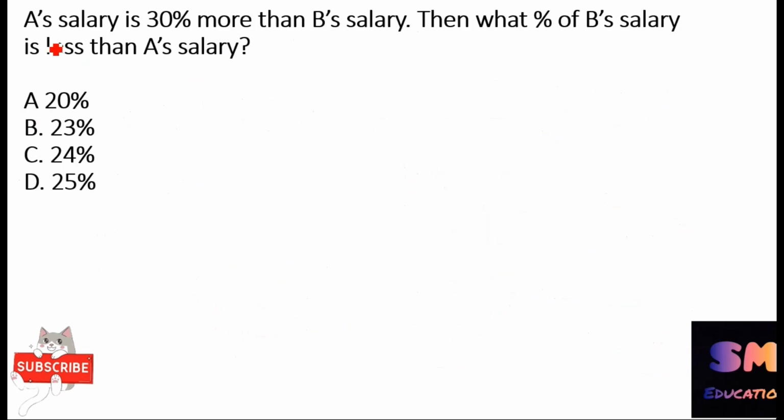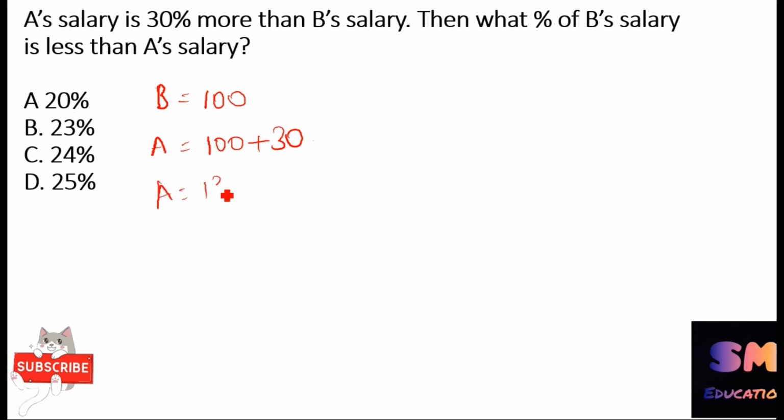Next one. A's salary is 30% more than B's salary. Then what percentage of B's salary is less than A's salary? For these kinds of problems, we have to assume. Let's assume B's salary as 100. Next, A's salary. What they are telling, A's salary is 30% more than B's salary. 30% more means B's salary plus 30.